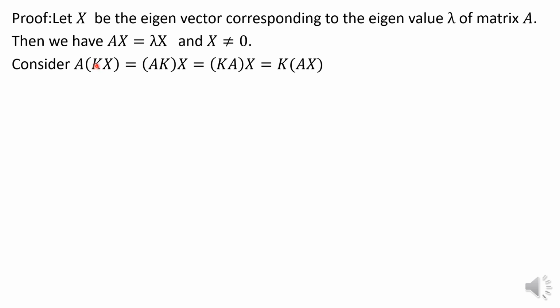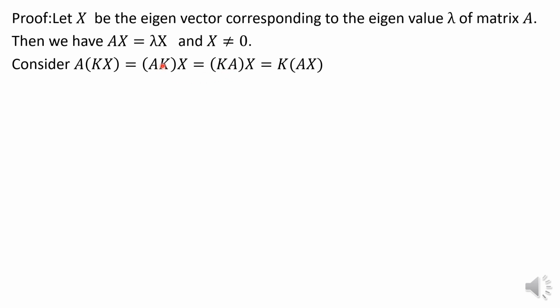Now we can interchange the brackets like this. We get A into k of x, interchanging just brackets. Because k is a numeral, we can combine k with A, and we get A into k can be written as k into A. Since k is a scalar, we can write A into k as k into A. This is possible only when k is a number, a scalar.